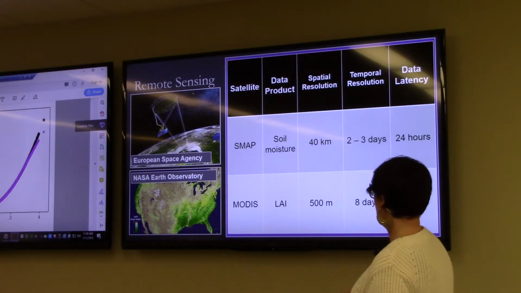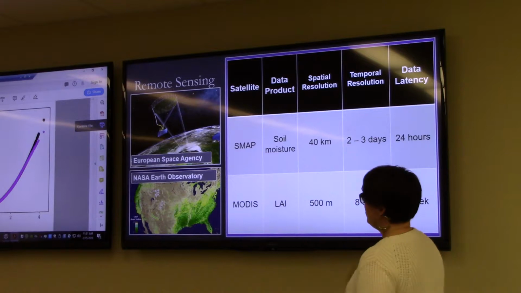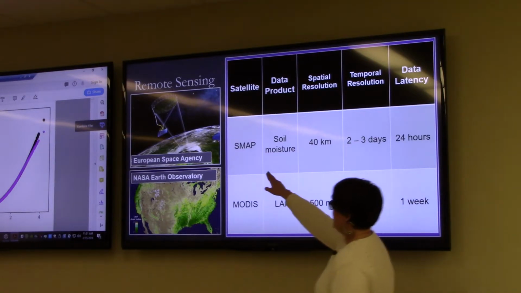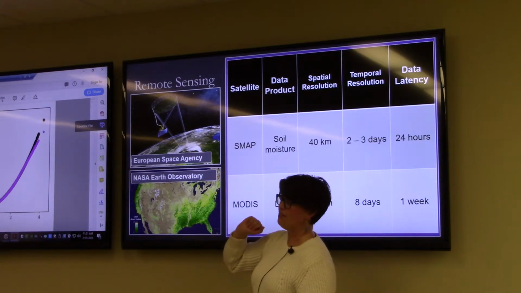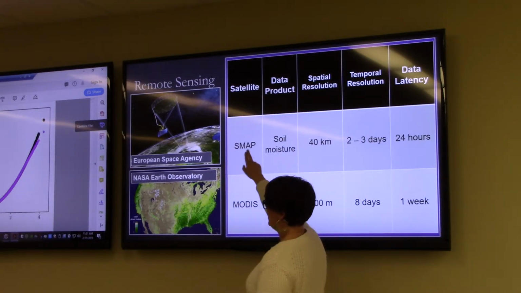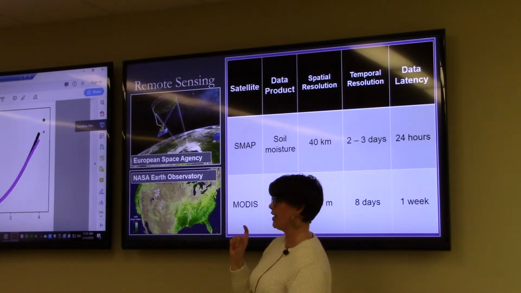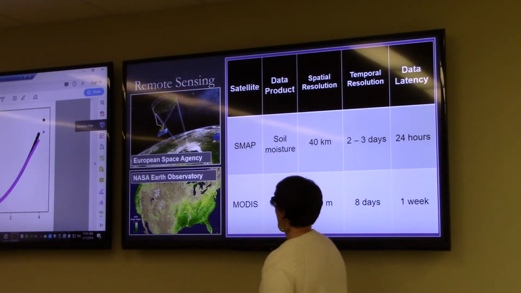So just a little bit of information about some of the satellite data that I used. SMAP is a NASA satellite, Soil Moisture Active Passive, and this is obviously a satellite that is measuring soil moisture. This is the one that I'm using to create my target data, or my training data targets, right, during my neural network process.